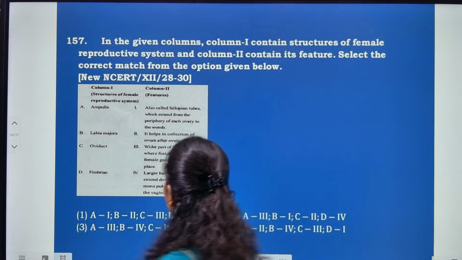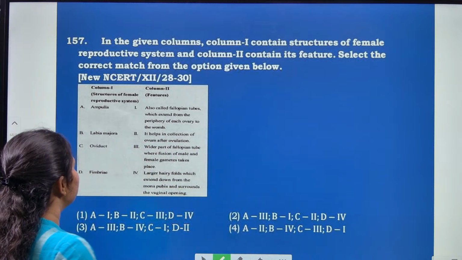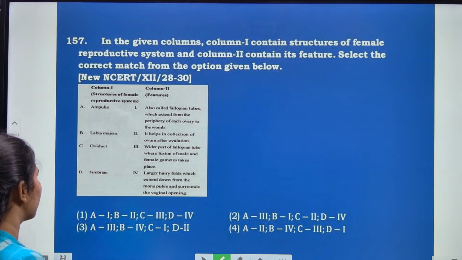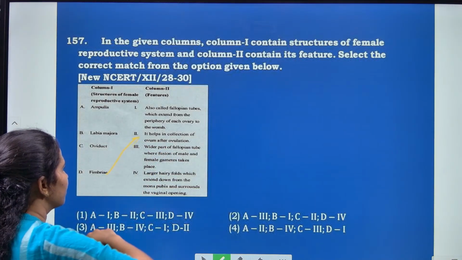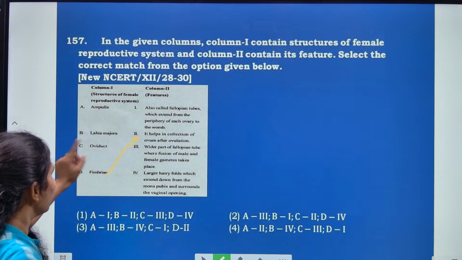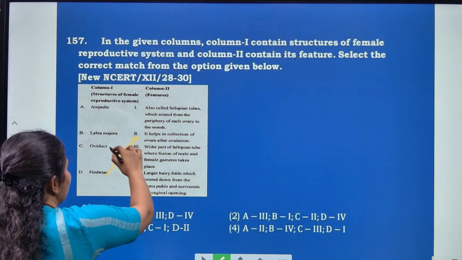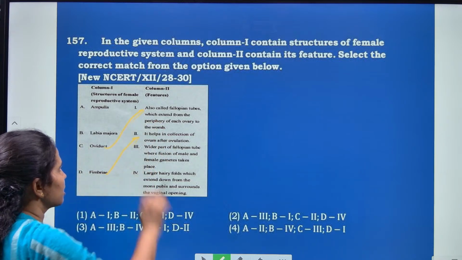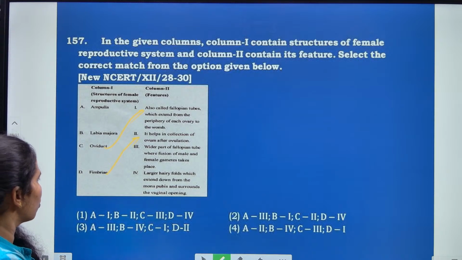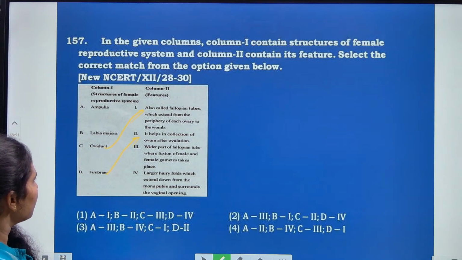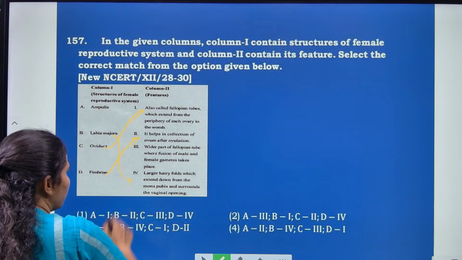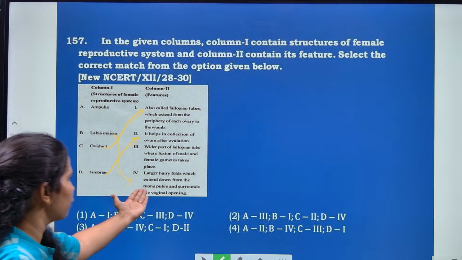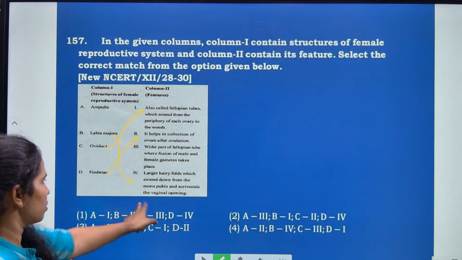So let us match. Fimbriae will help in the collection of the ova after ovulation. The oviduct, also called the fallopian tube, extends from the peripheral part of the ovary to the womb. Labia majora are the hairy large folds which extend down from the mons pubis and surround the vaginal opening.